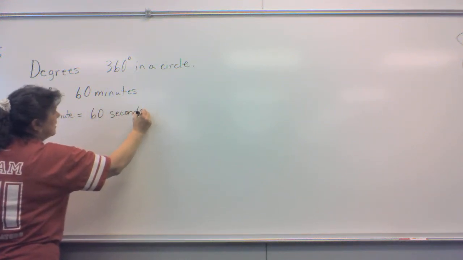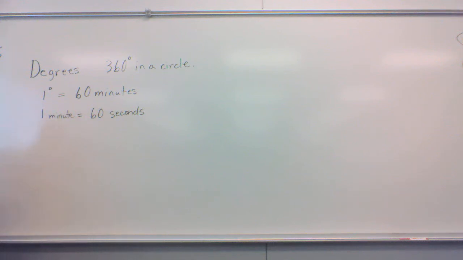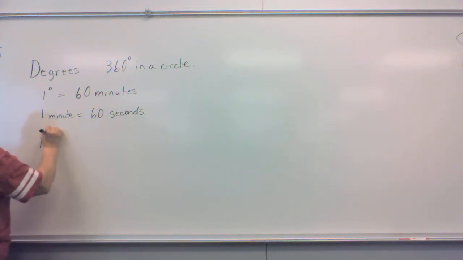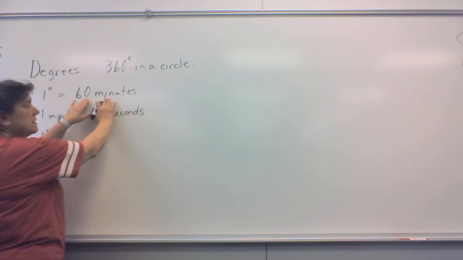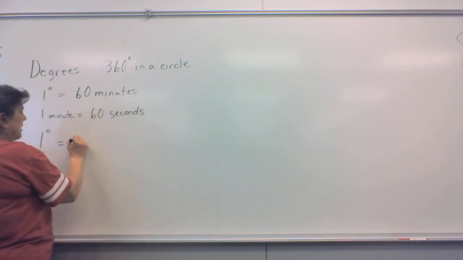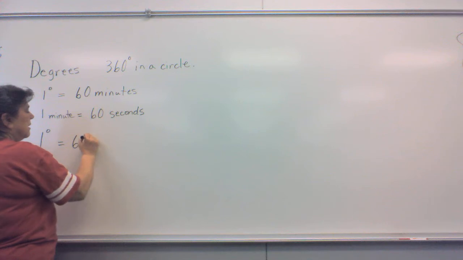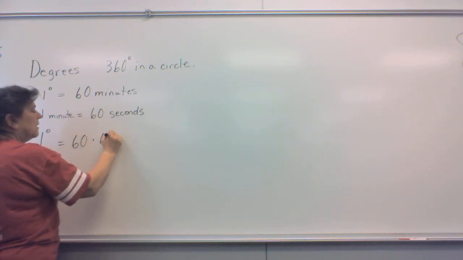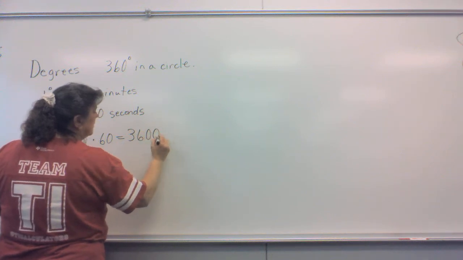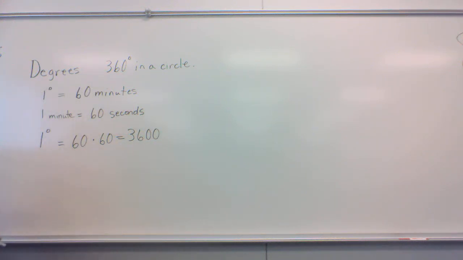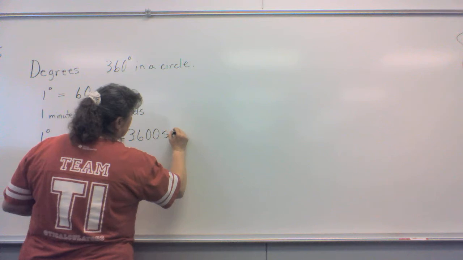So now, if we want to know how many seconds are in 1 degree, what do you think it would be? If I've got 60 seconds in a minute and 60 minutes in a degree, you're going to have 60 times 60, which is going to equal 3,600 seconds.